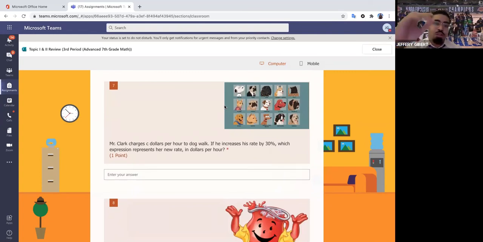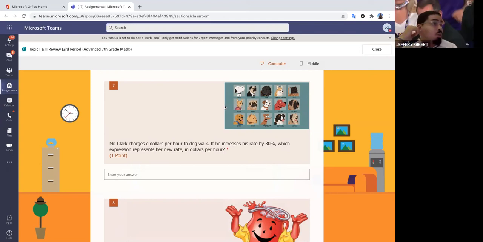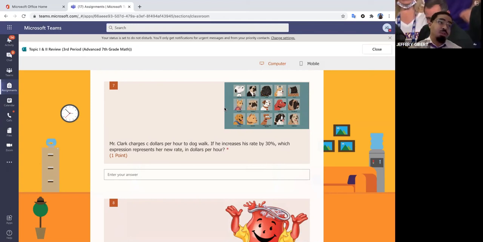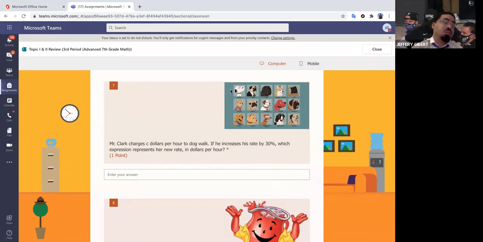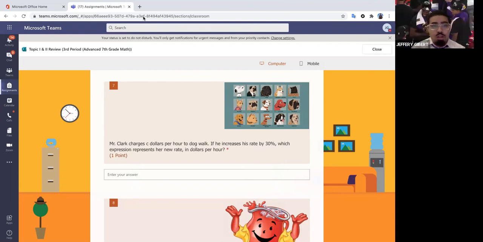Oops, this says her, it should say his. All right. Remember, this one's like the markup one. When you increase by 30%, basically they want you to write the equation like the previous two.